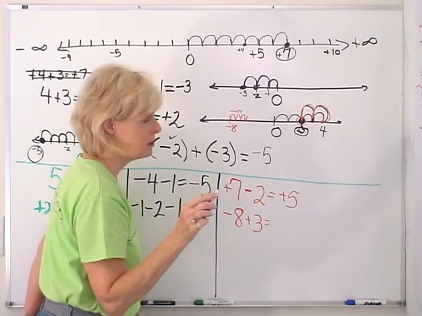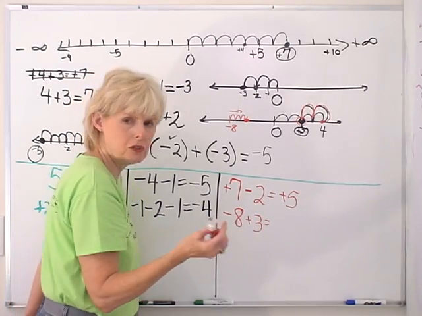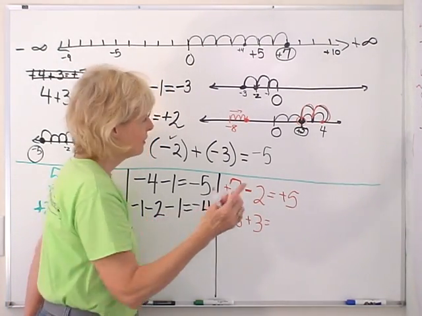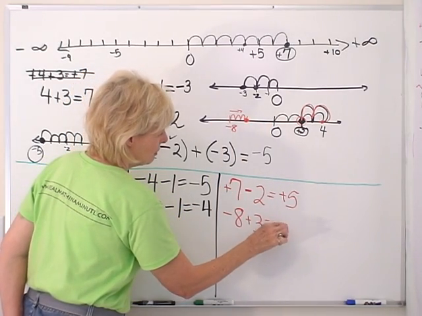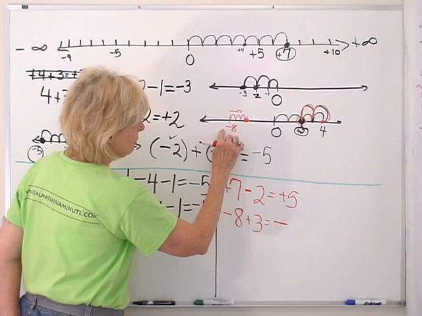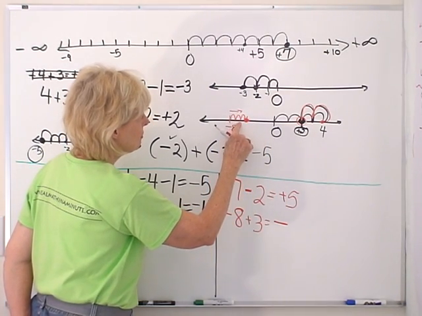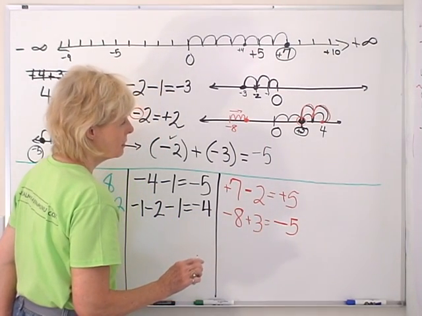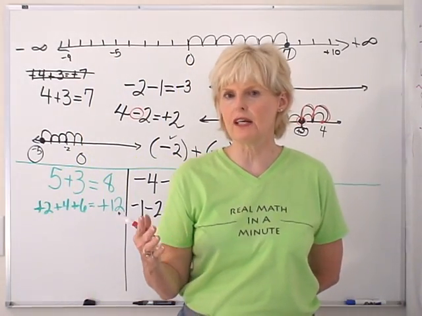That's positive. So where are we? Well, we can see that we're still on the negative side. And we went 8, and then we turned back and kind of undid it 3. So we're at -7, -6, -5. -5.